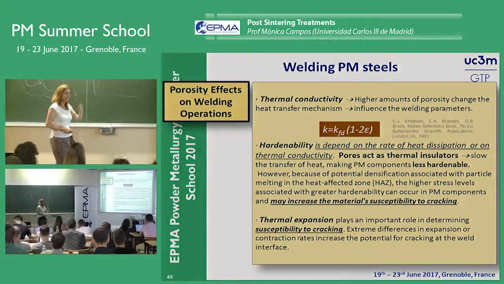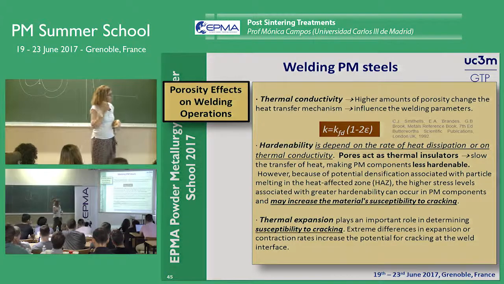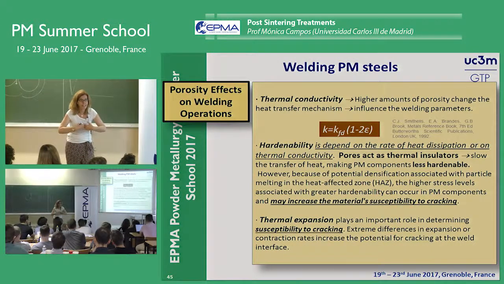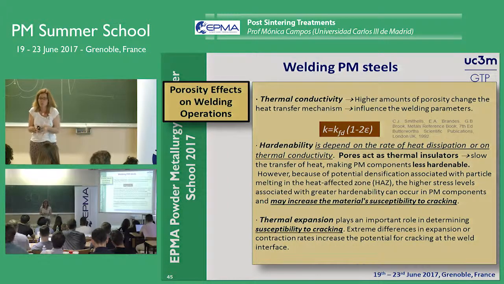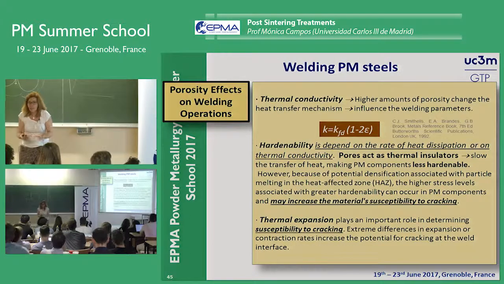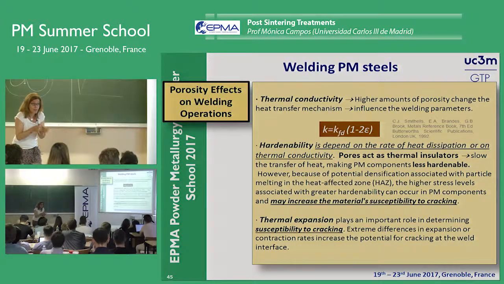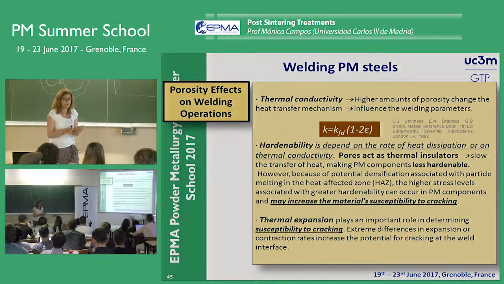And if it lowers the thermal conductivity, it also affects the capacity of heat dissipation in our component, and also affects the hardenability of our component, as I said before, because it's like we have insulators in the middle of our material.